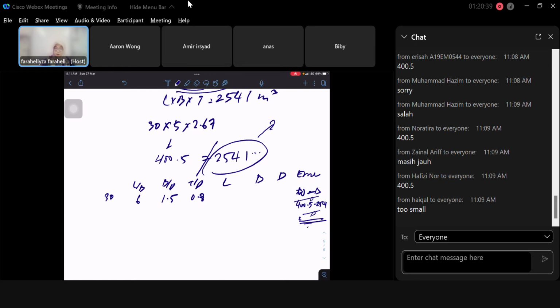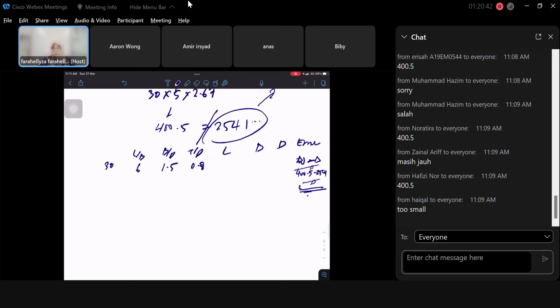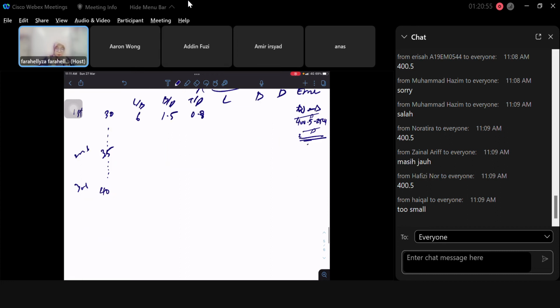So now you found that it's too small, so you need to change. You try with 35, or maybe you try with 40. This is the first trial, this is second, this is third. Then you go again until this error is almost zero, meaning the left side and the right side are equal, 2541 or maybe 254.9, whatever. But it's almost zero.